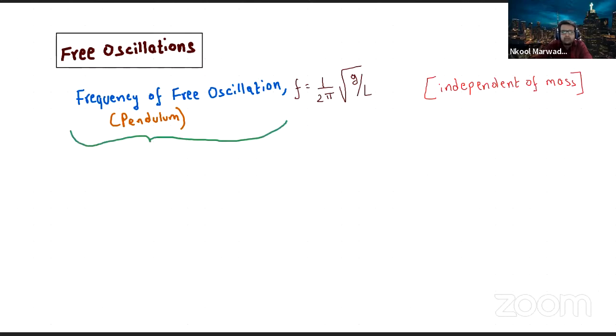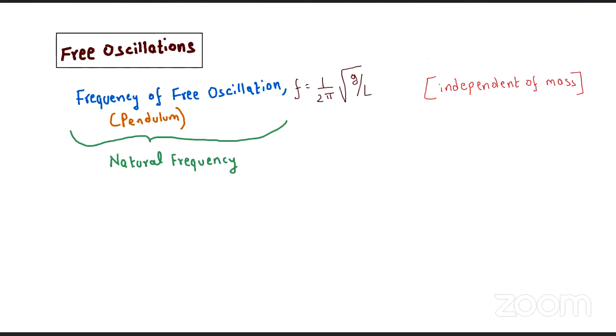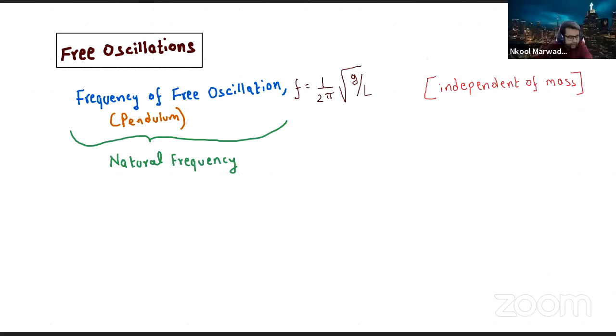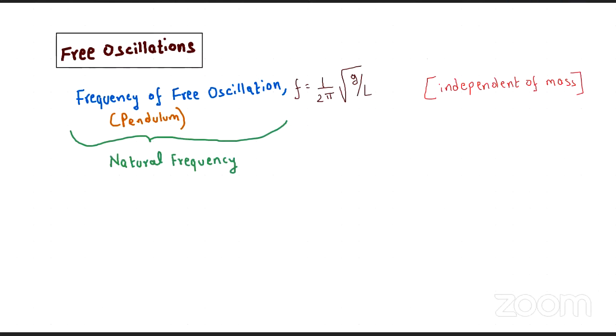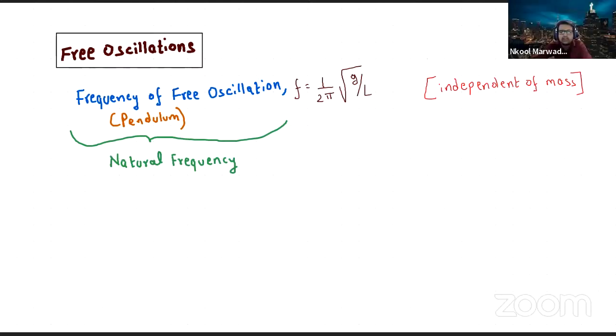So in free oscillation, we always have the natural frequency. For different systems, the natural frequency will be different. For the pendulum, this is the natural frequency. For the spring block system, the natural frequency will be different. For any other free oscillation, we have to derive it according to that context. And we call it the ideal oscillator: the oscillator oscillating with natural frequency, not experiencing any resistive forces.